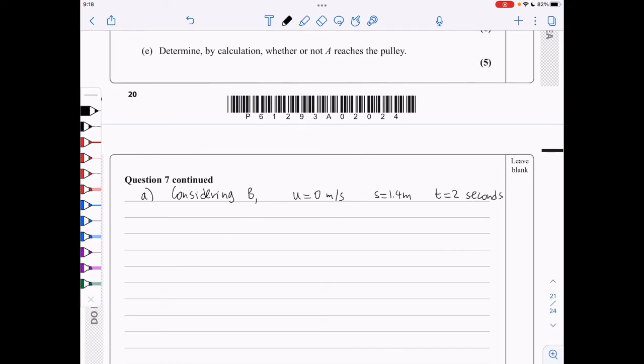So in order for me to find the acceleration, I can use s equals ut plus a half at squared. So 1.4 is 0 plus a half times a times 2 squared. 1.4 is 2a, leading to 0.7 meters per square second being a, as required.